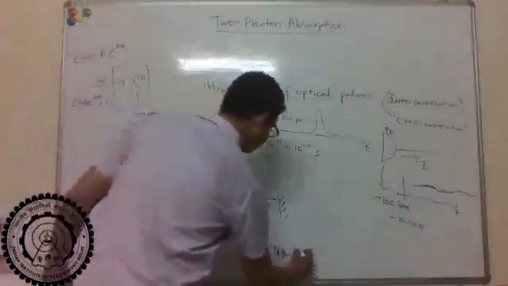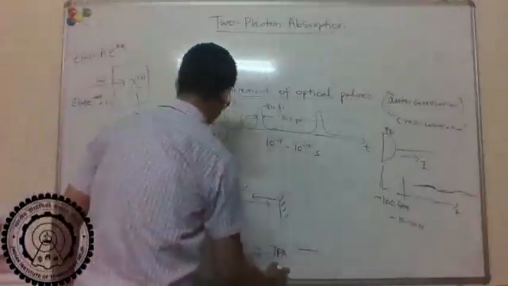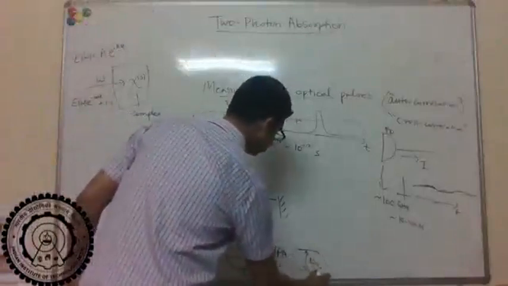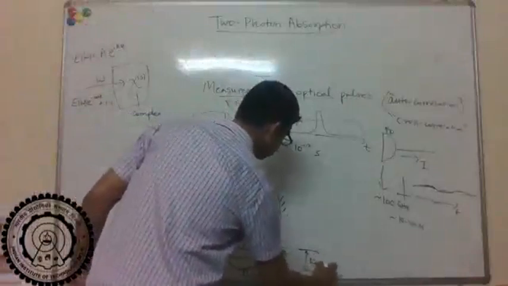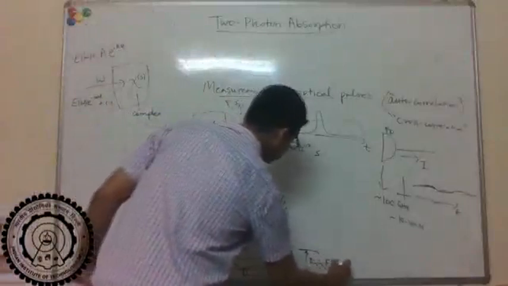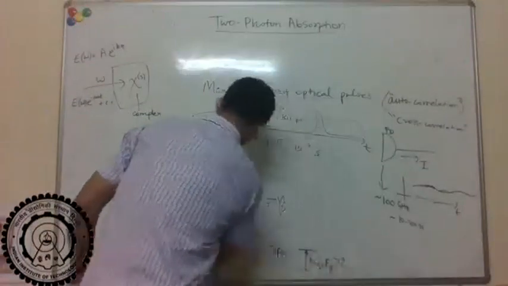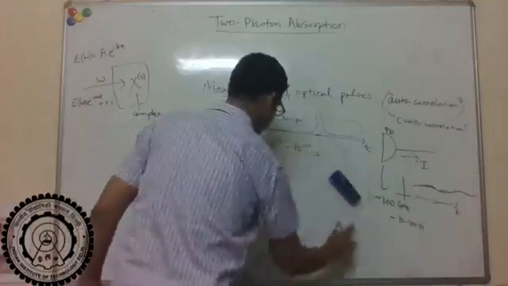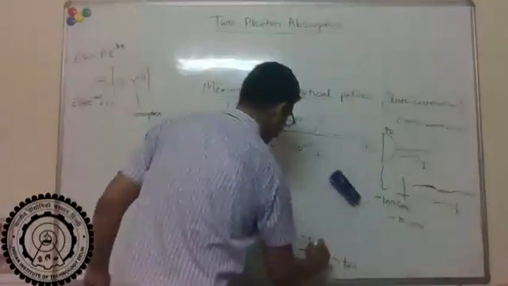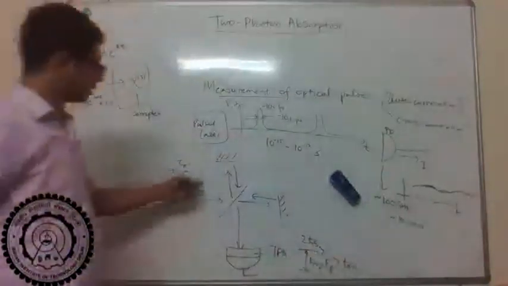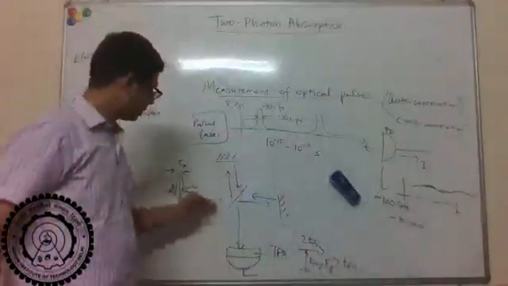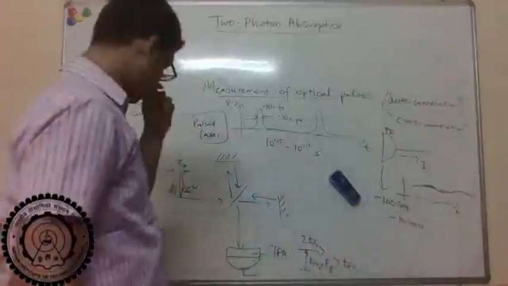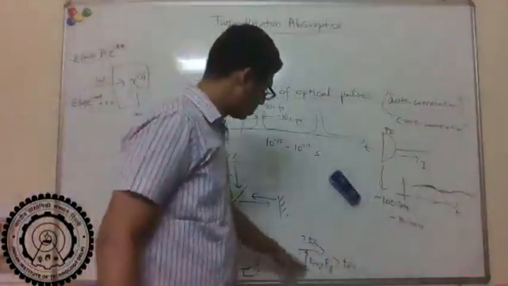In other words, the band gap of the material out of which you make the detector, Eg, is more than h cross omega, but less than 2h cross omega. So there won't be any signal just from the usual linear photodetection, but whatever signal you get will be because of two-photon absorption.